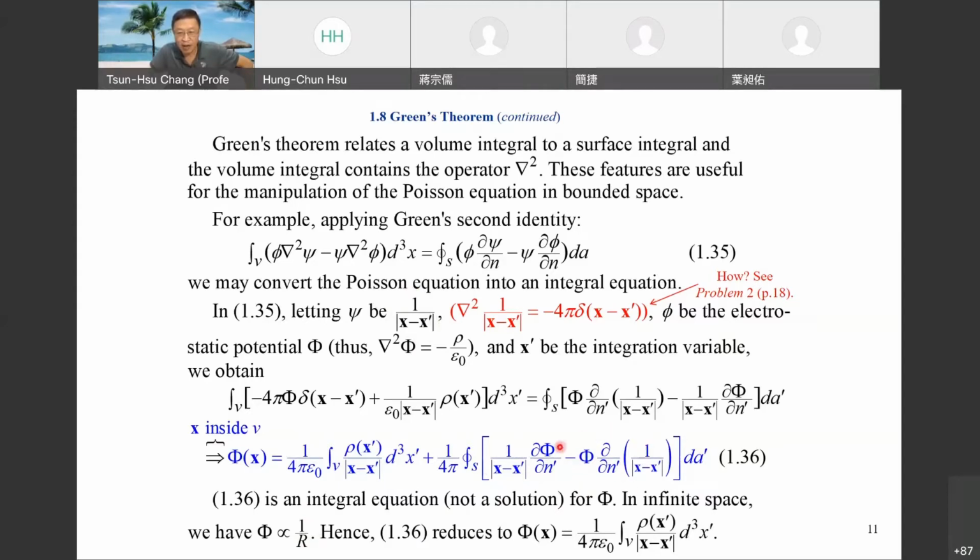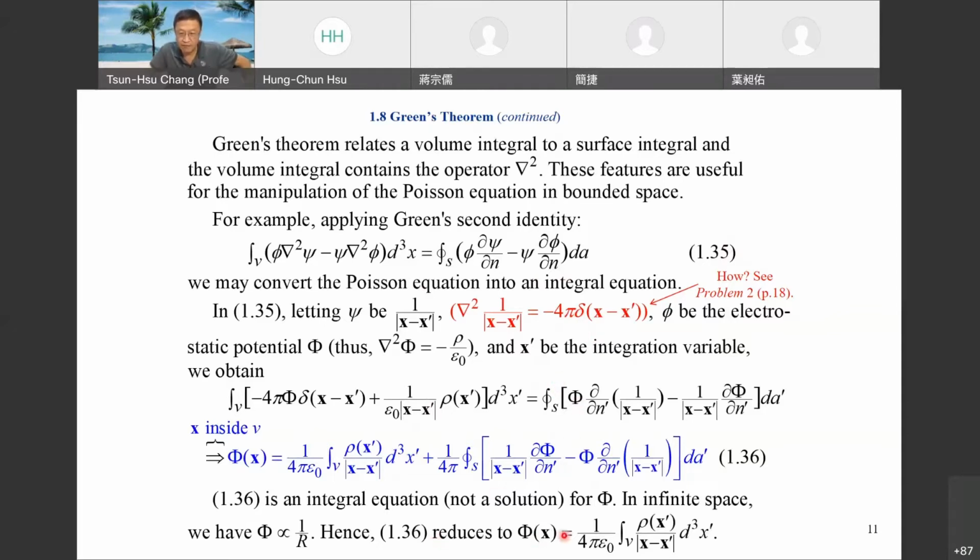And here we have some strange notation. And be careful, here, equation 1.35, we use the X unprime system. But here we change to the prime system. Be careful. The physics meaning is slightly different. We change the variable only for our convenience, for better understanding.